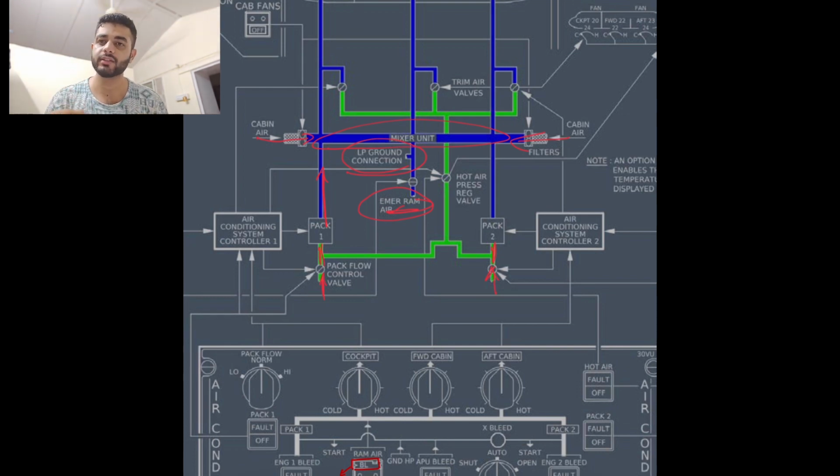Usually pack 1 supplies a large chunk of the cockpit air, and pack 2 supplies a large chunk of the forward and aft air. The mixer unit does mixing, but it doesn't mix everything through it. So later on when failures come up, you will notice that pack 1 usually supplies the cockpit and pack 2 supplies forward and aft, but you will say, there is a mixer unit in the middle.